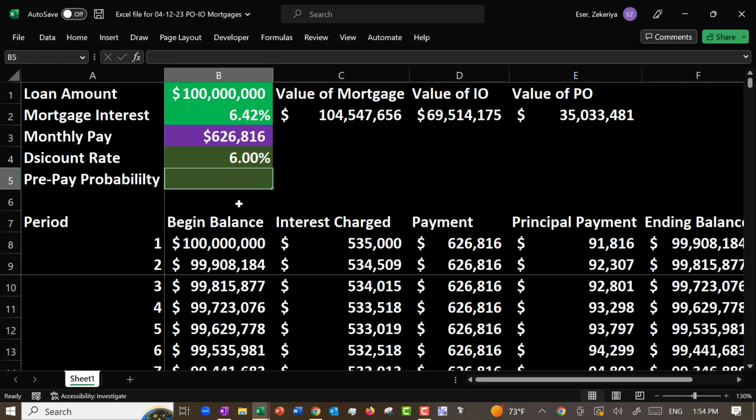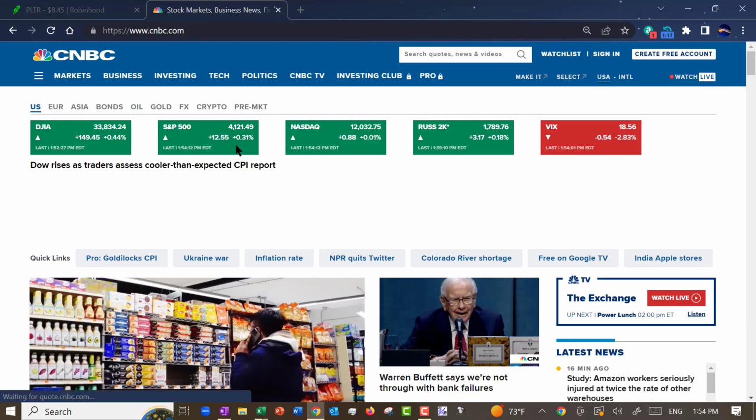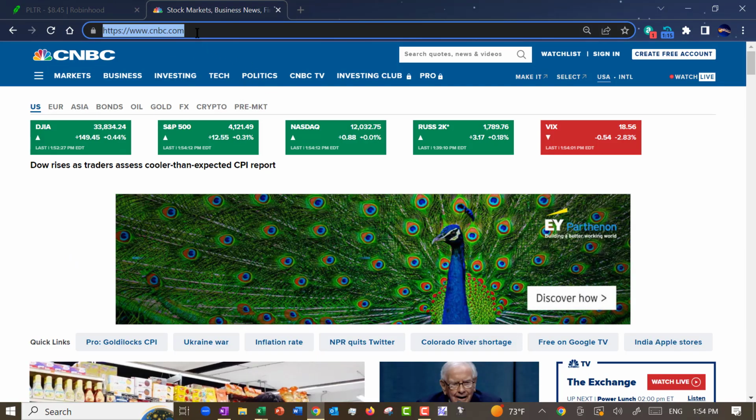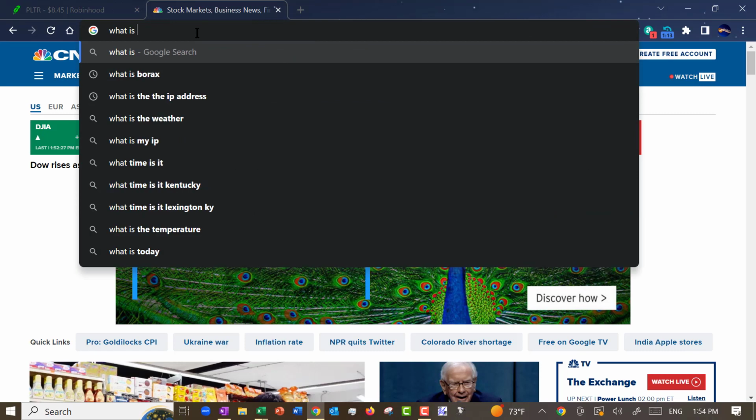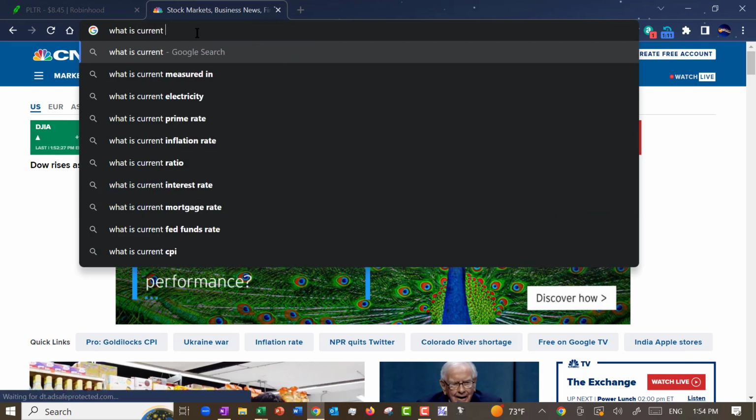Or since this is a pool, using kind of the law of large numbers kind of idea, what portion of the pool is expected to prepay? We get that from the data, but what is current mortgage prepayment rate?